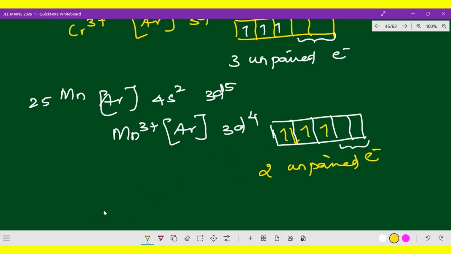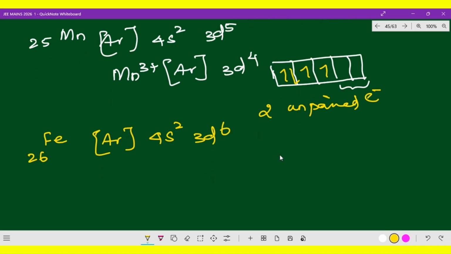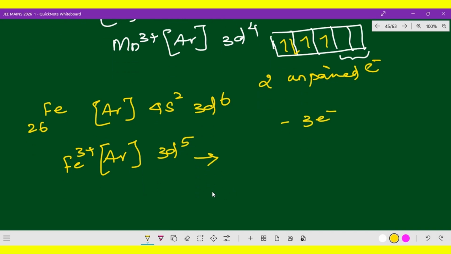Now the same way, iron. Iron is Fe 26. So the same thing, argon 4s2 3d6. Minus 3 electrons, right? So that means Fe3+ is argon 3d5.